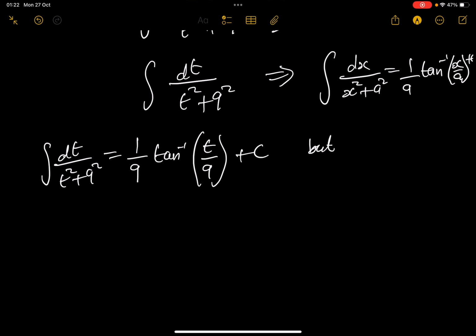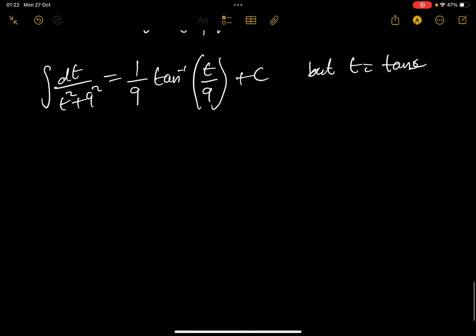But we know that t is equal to tan x. So this is 1/9 tan inverse of tan x over 9 plus c.